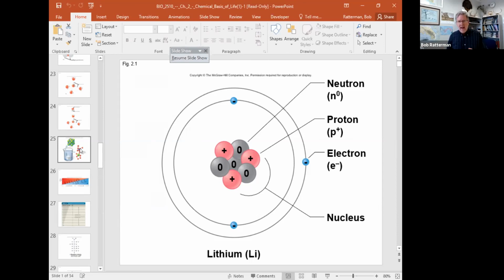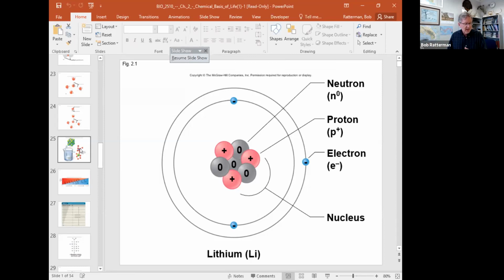This could be as simple as glucose bonding to fructose to make the disaccharide sucrose, sugar. Two monosaccharides combining to make a disaccharide, right? It could be three fatty acids combining with the glycerol to make a triglyceride or fat. That's a synthesis reaction, right?